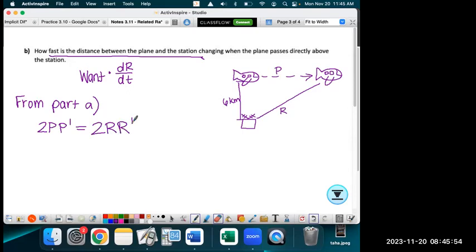And we also have our Pythagorean theorem formula. We want to know what the rate is when the plane is directly above the station. So basically, when our plane is directly above the station, what information do we know?